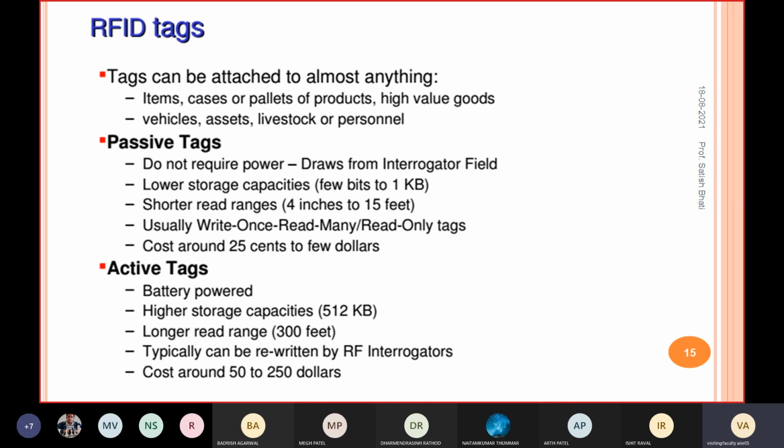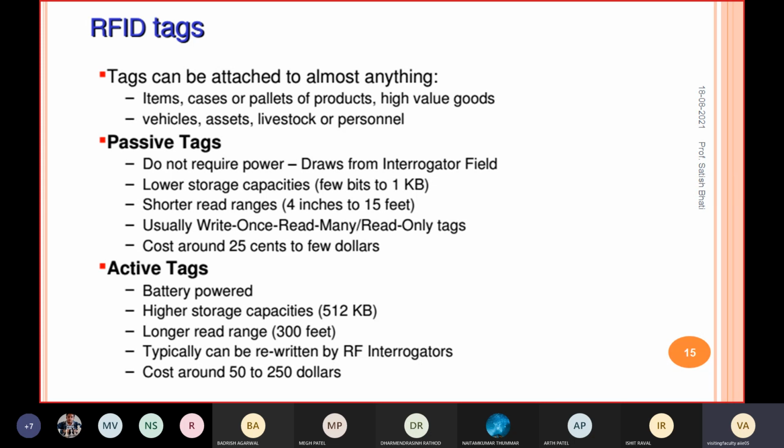And this active tag typically can be rewritten by the RF reader. So here, once you write some information, some data, you can read it, and also you can rewrite, meaning whatever data is written you can erase and again write some other data, right? So it's rewritable. The passive tags are read only. Once you write, you can't change that.